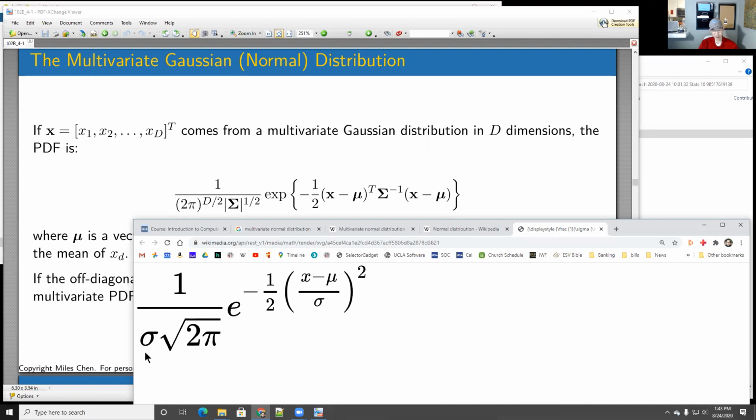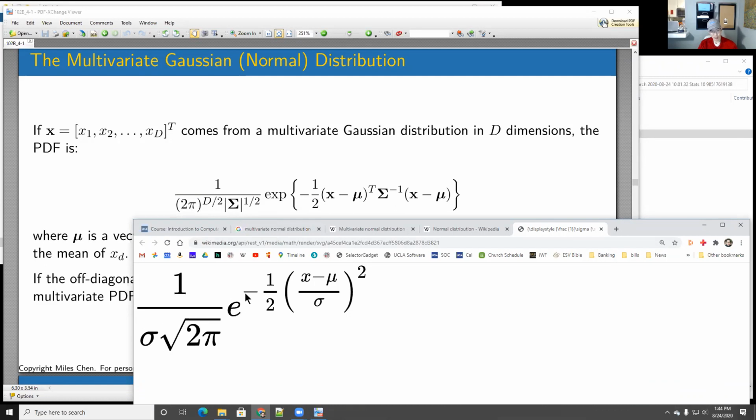Sigma is the square root of the variance, and that's what we have here. This capital sigma is the variance-covariance matrix, the covariance matrix of your x values, and so this is the square root of the variance matrix, or the variance matrix raised to the 1/2 power. It's technically the determinant of that.